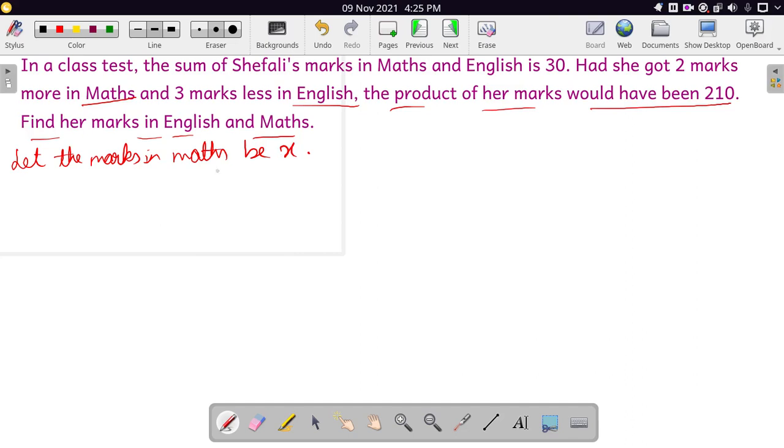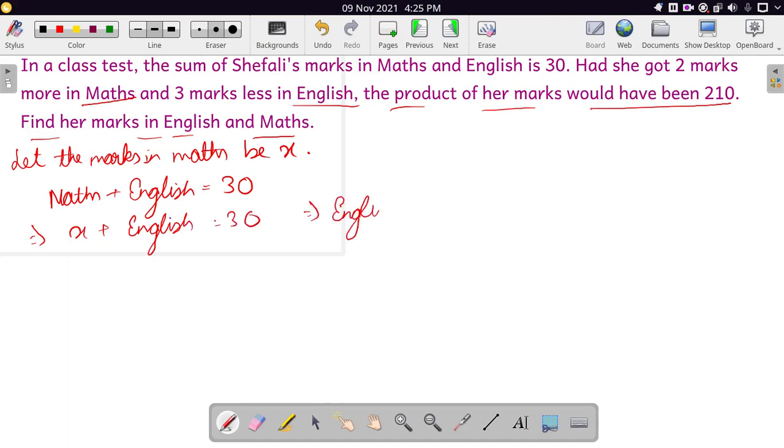Marks in maths is X, and it is given in the question that maths plus English is equal to 30. X plus English is equal to 30. So marks in English is what? 30 minus X. Okay, it's easy.